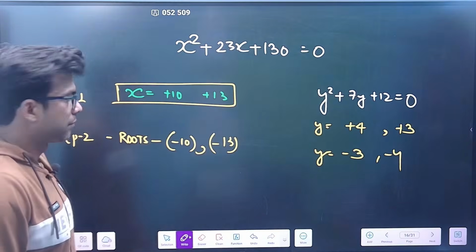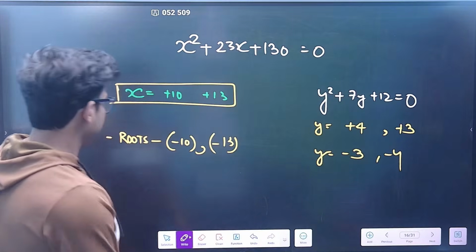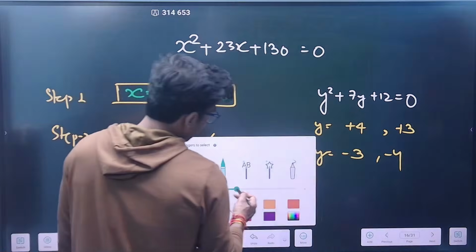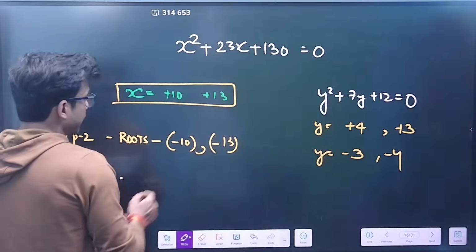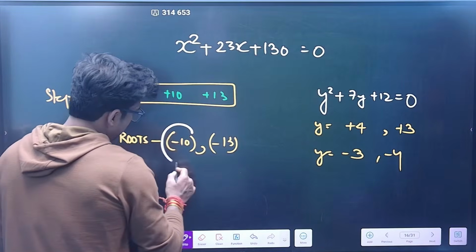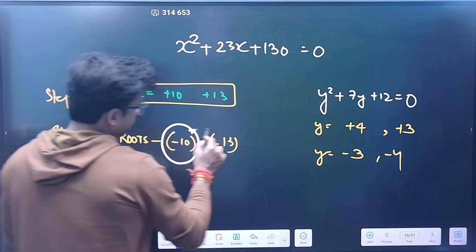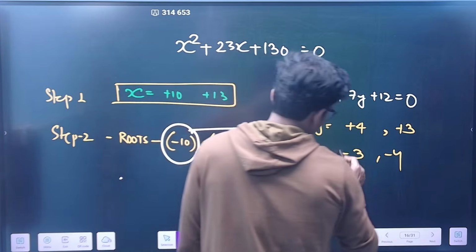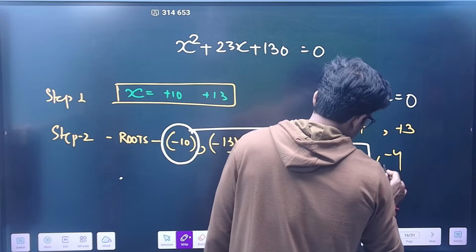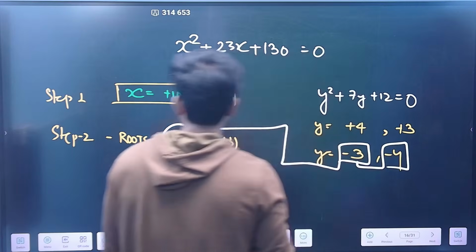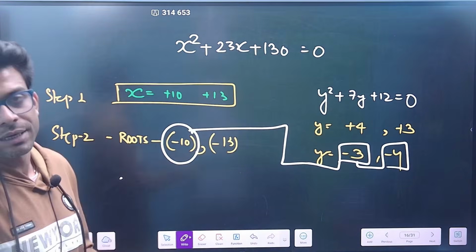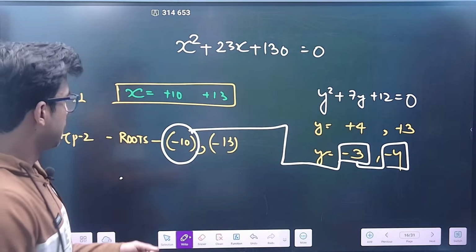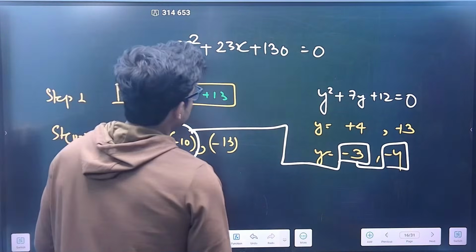Now see, pick out any value. Suppose you pick this value, minus 10. Compare this minus 10 with these two values, minus 3 and minus 4.